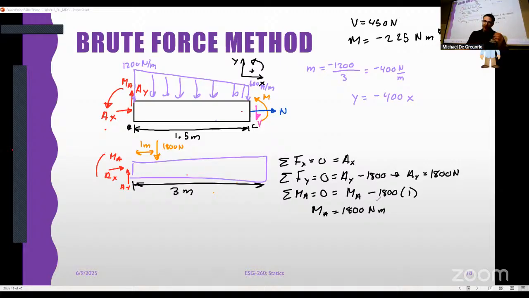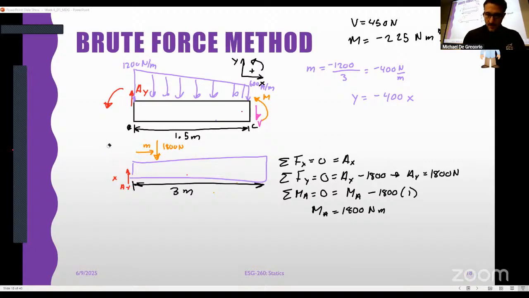Okay, we quickly find the reactions and we'll substitute them in here. I'm not going to draw that, but that's why now you can see it, right? There's no x direction forces on this, so we're expecting that the normal is going to be 0, right? There's no axial loading here.